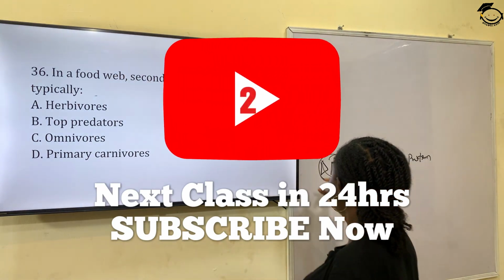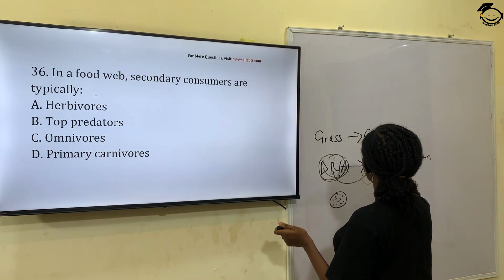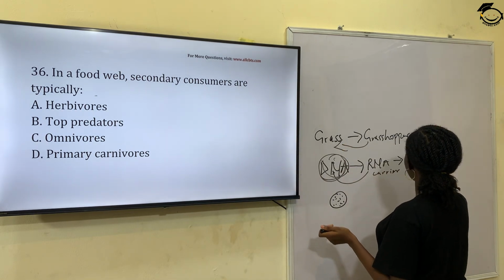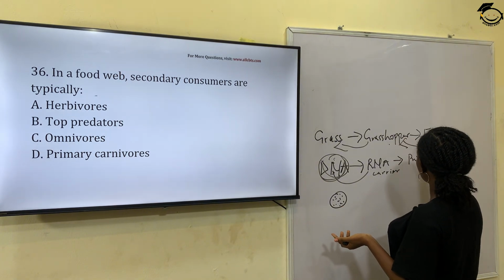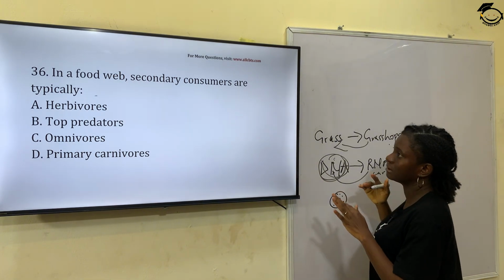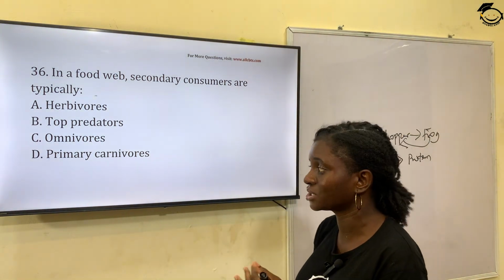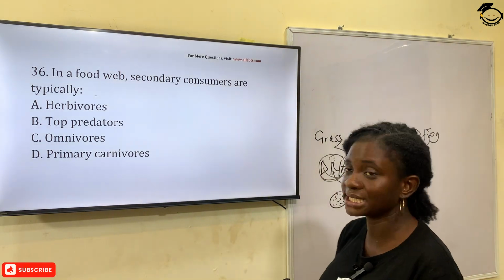For example, you have grass, then a grasshopper feeds on grass. Then you have maybe a frog feeding on the grasshopper. So they are known as secondary consumers. So the correct answer to this question is primary carnivores, option D.